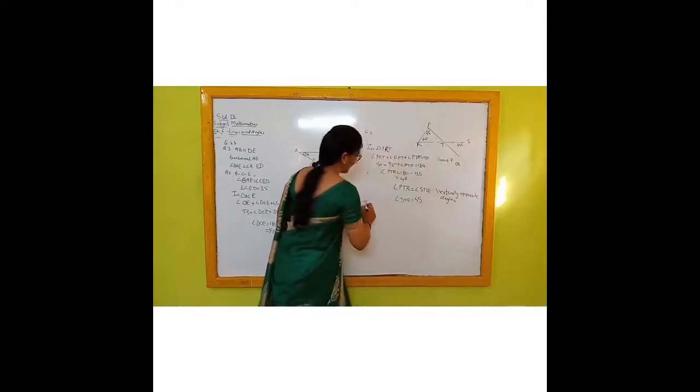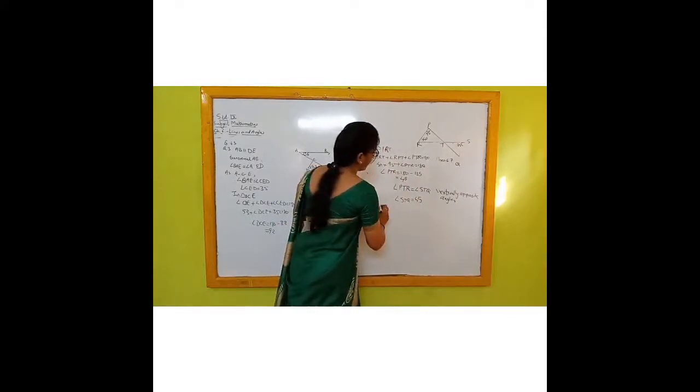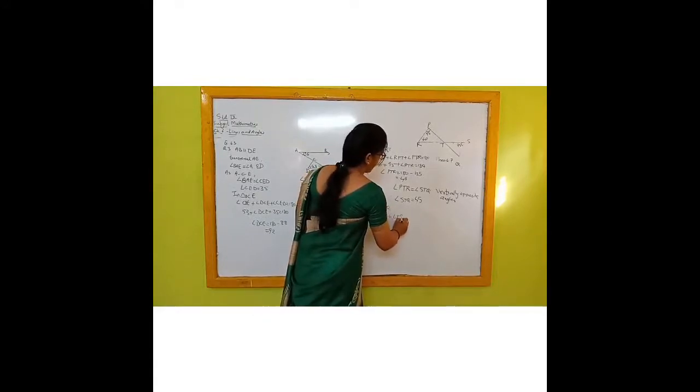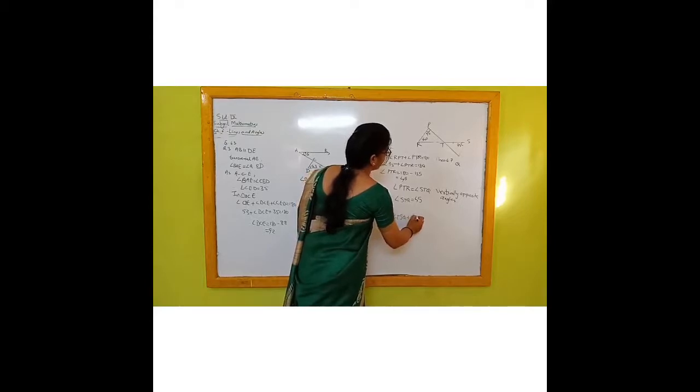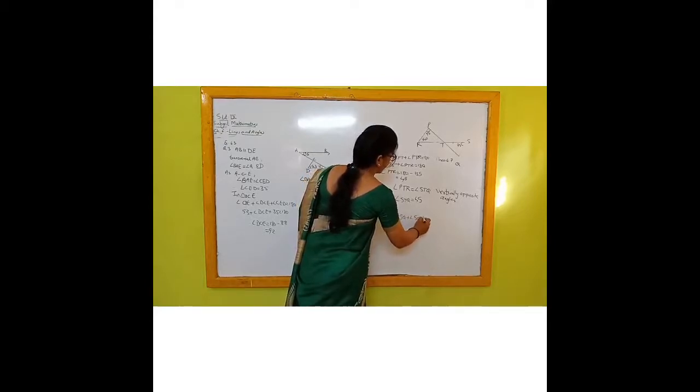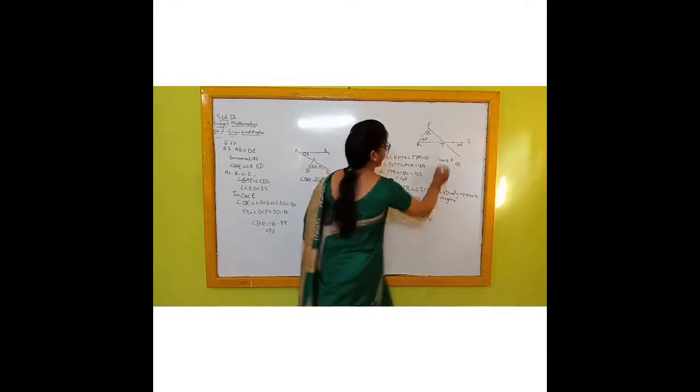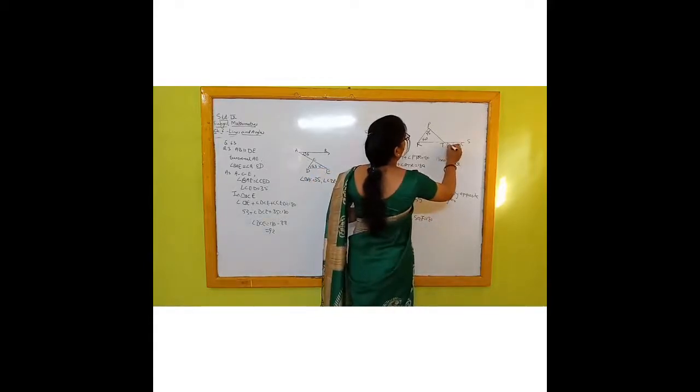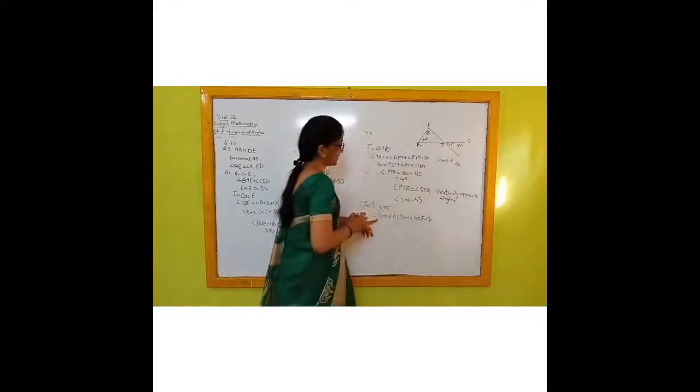Now in triangle STQ, angle STQ plus angle PSQ plus angle SQT is equal to 180. Now substitute the measures of these angles.